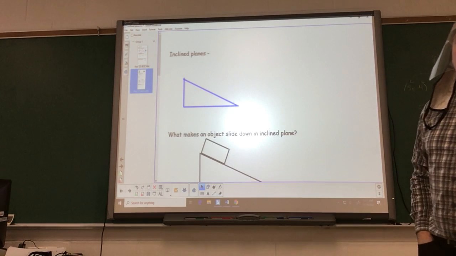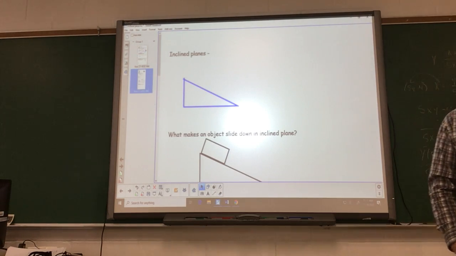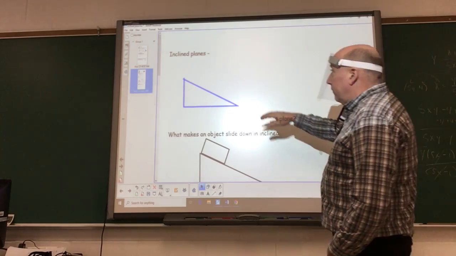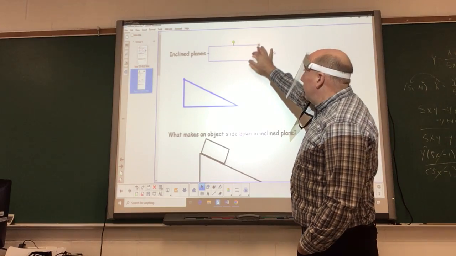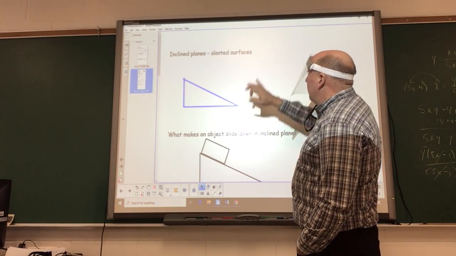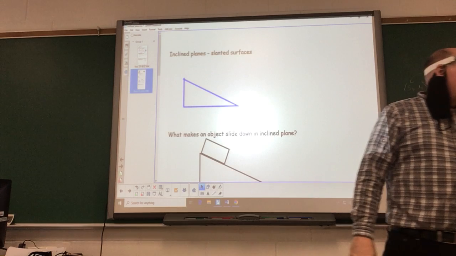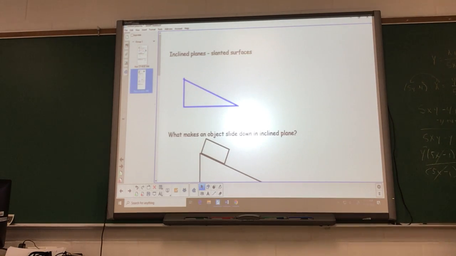An inclined plane, a hill. It is a slanted surface, an inclined plane.